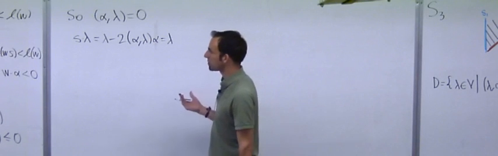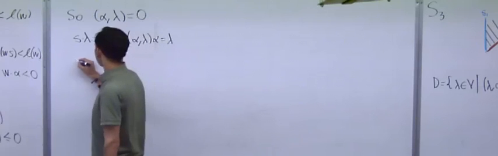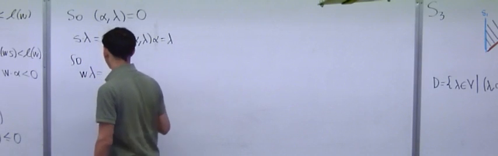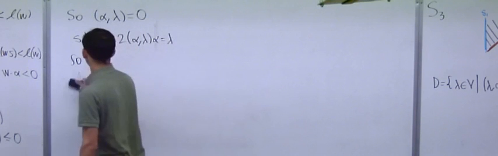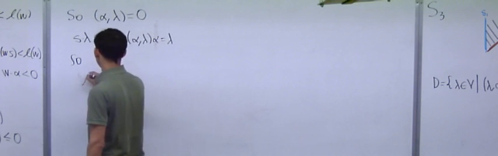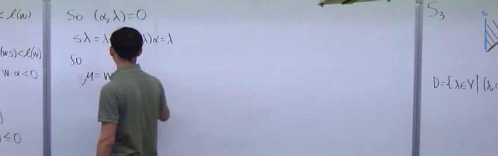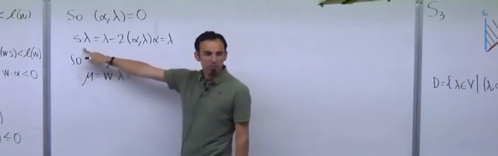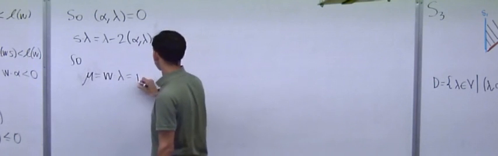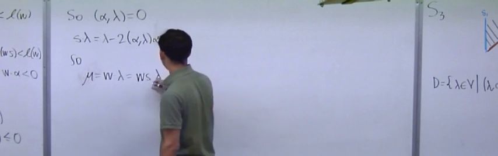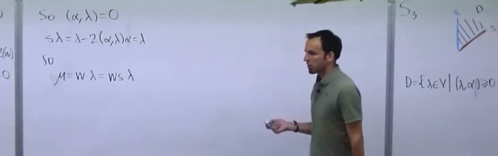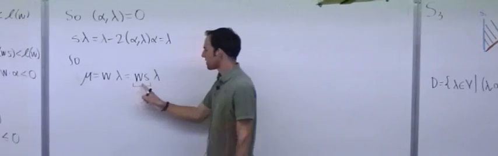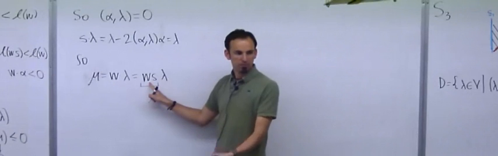And then I think I'm done, because I have that mu is equal to W lambda, but lambda is equal to S lambda. So this is WS lambda. And so now what I have proved is that mu is equal to a group element times lambda, where this group element is shorter than the previous one. Okay.